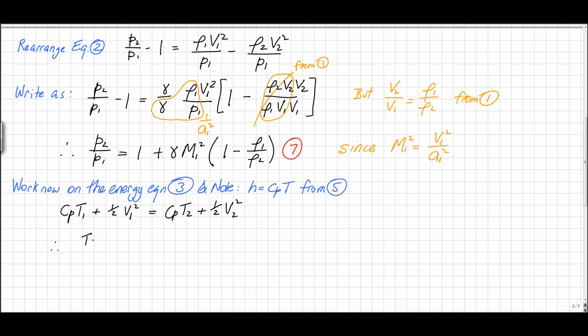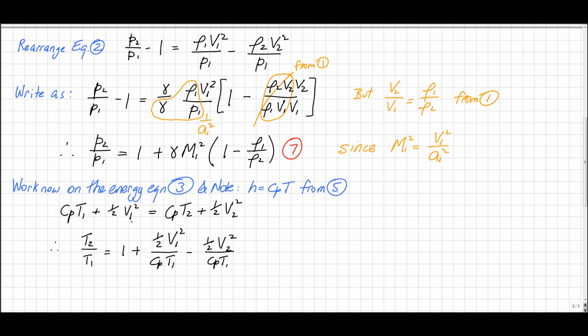So we end up with T2 over T1 equal to 1 plus a half V1 squared over CpT1 minus a half V2 squared over CpT1. To get that, we divided everything by CpT1 and brought the T2 and T1 together.